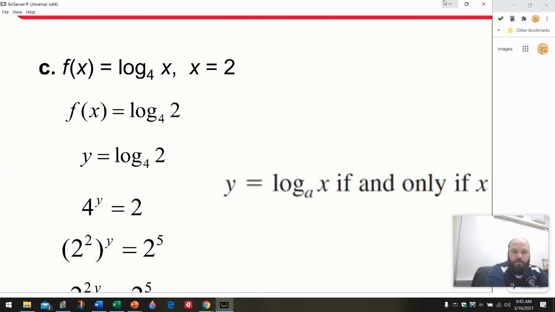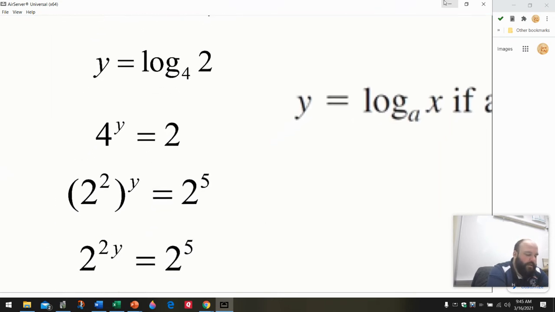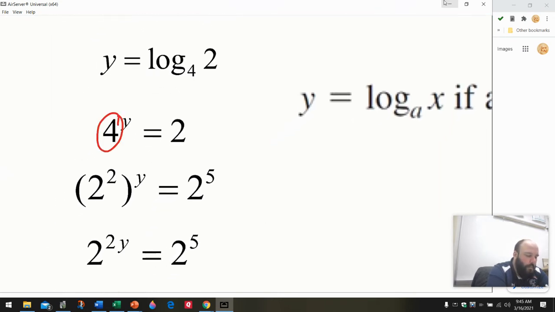Now, once again, in order to solve, we need to have the base numbers be the same. So I can rewrite 4 as 2 to the second, which is what happened right here. So 4 becomes 2 to the second. And now we're left with a power to a power. So 2 times y. That gives me 2y.